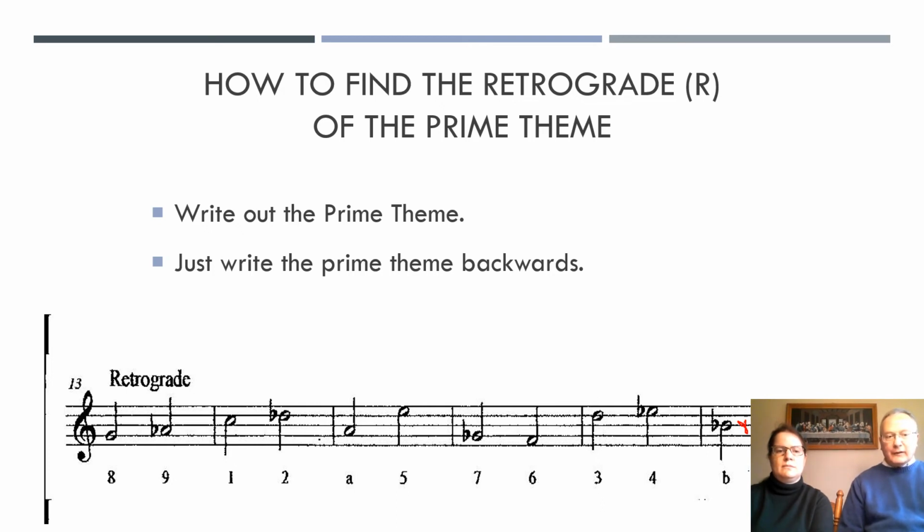Likewise, in the original, G was the last note of the prime theme, therefore G will be the first note in the retrograde. So retrograde just means, again, writing it backwards. This is exactly what was written, only starting with the last note, then the second last, the third last, etc. through the first, so until you get all 12 notes down.